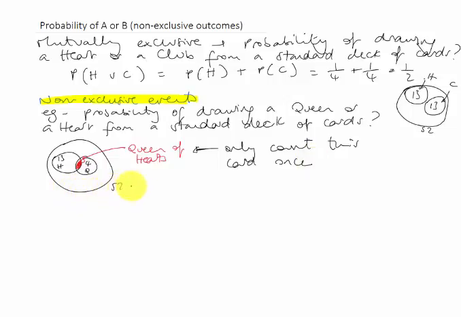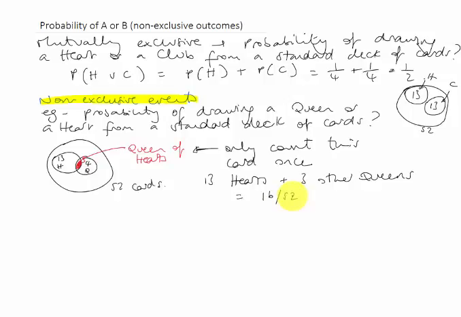So this is our 52 cards. What I would do is count the 13 hearts and then the 3 other queens. So that's 16 out of 52.